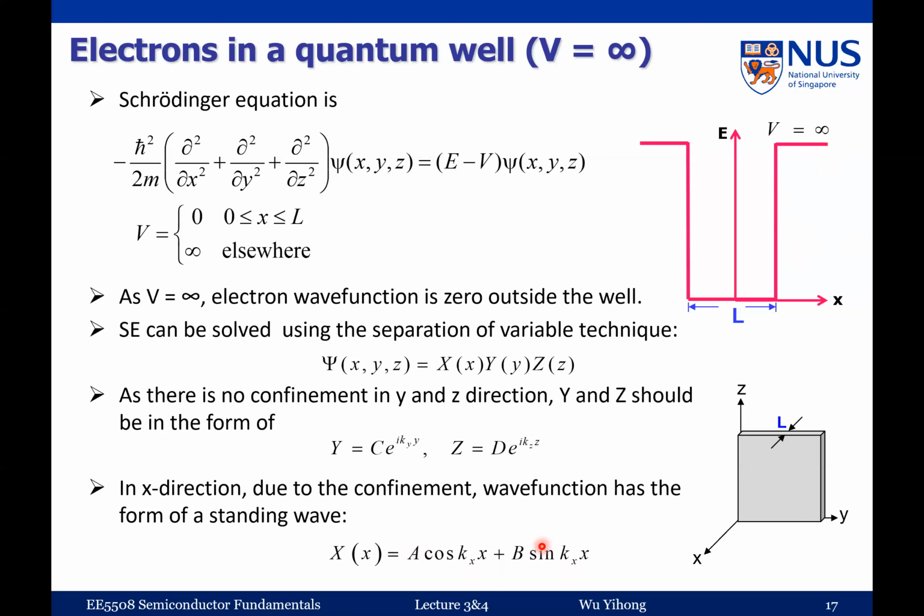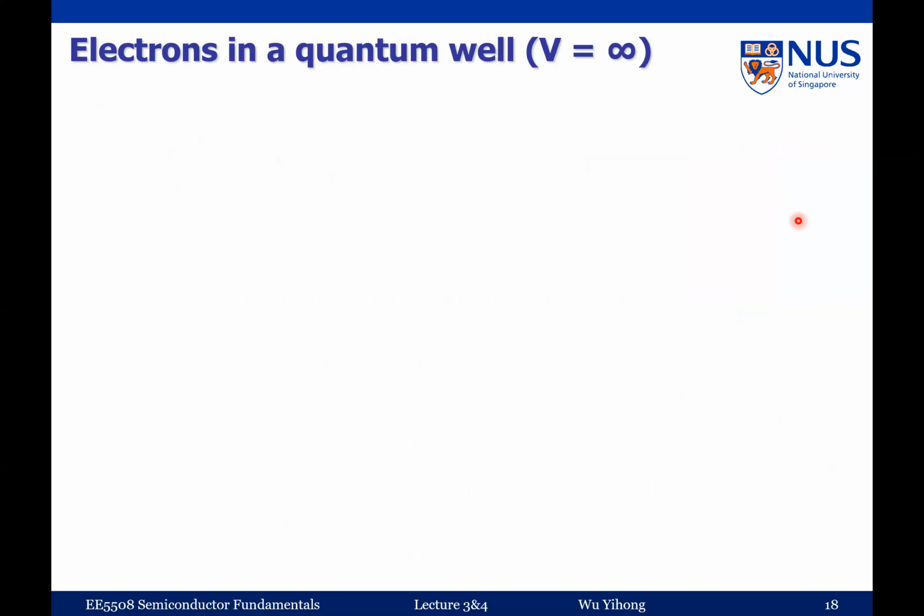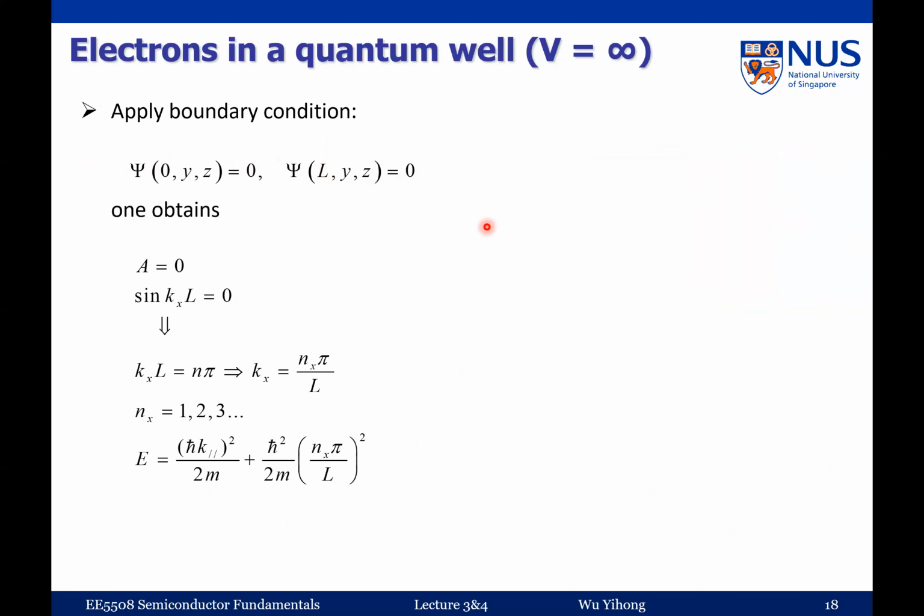Once you substitute the boundary condition in, this wave function should be 0 here and also here, right? At x equals 0 this must be 0, and at x equals L this must be 0. So this means that A must be 0.